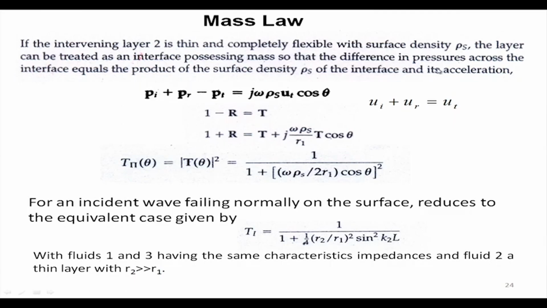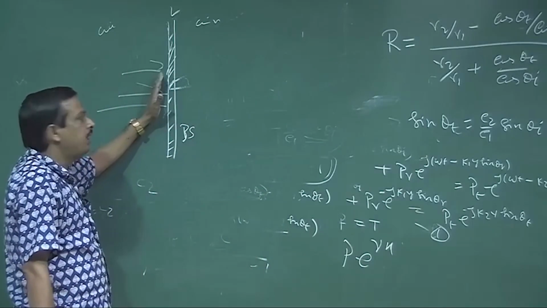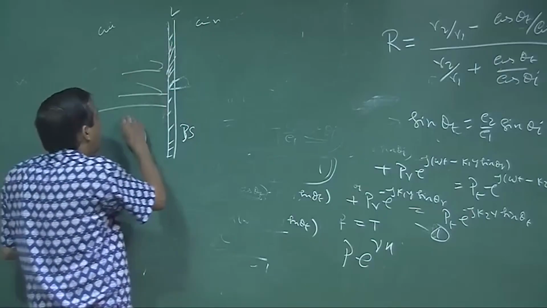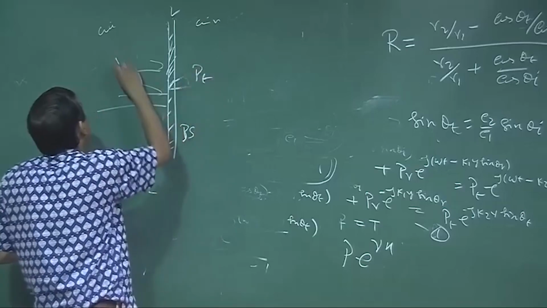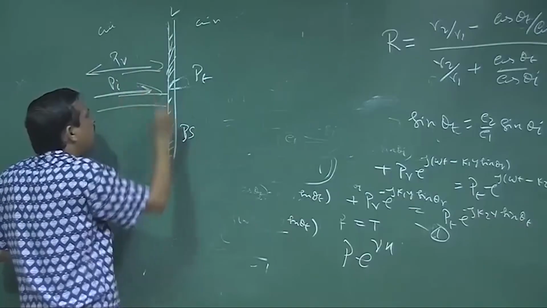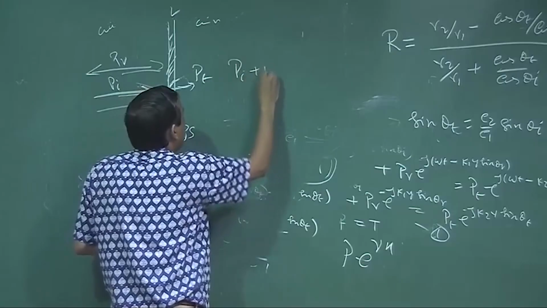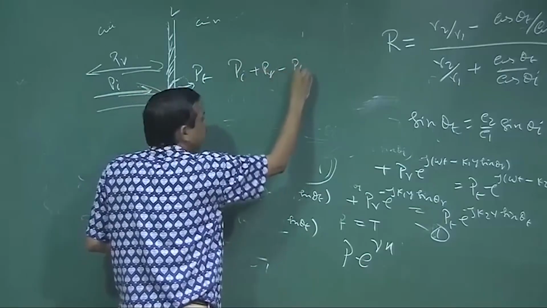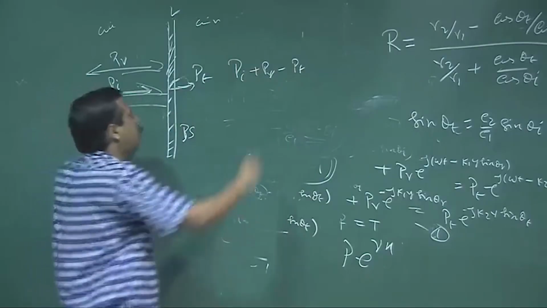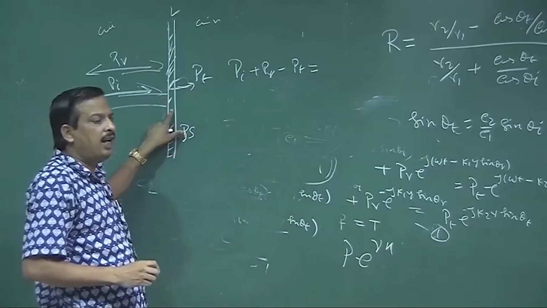Once the pressure wave falls here, the particles move. So Pi plus Pr minus Pt, the difference of pressure, is the surface density multiplied by the acceleration.